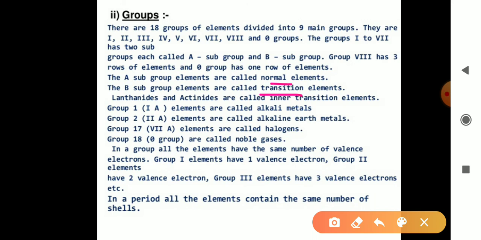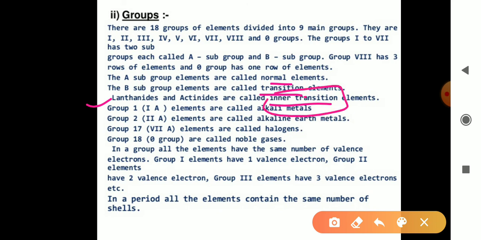So those elements in the A are normal and in the B are called transition elements. Then lanthanides and actinides are called inner transition elements. As we see, lanthanides and actinides are present at the bottom, two series of 14 elements, the lanthanide series and the actinide series. These are called the inner transition elements.